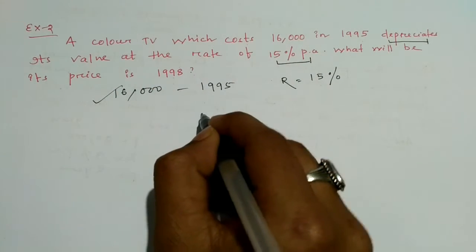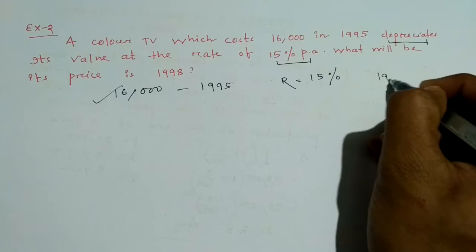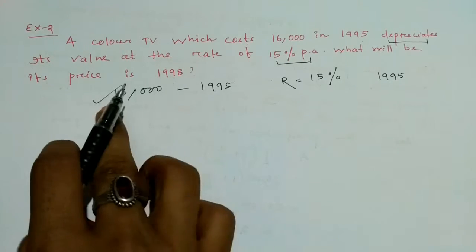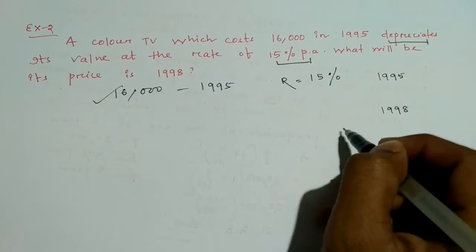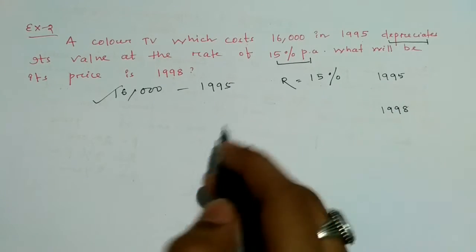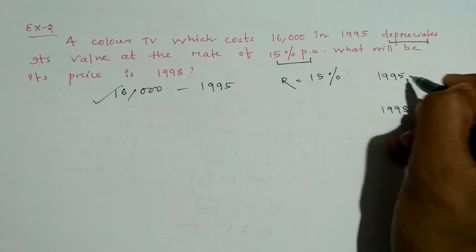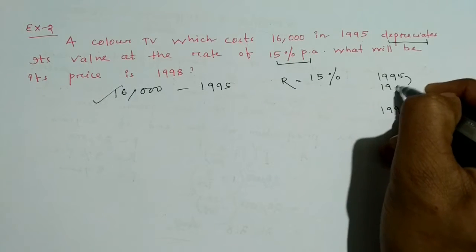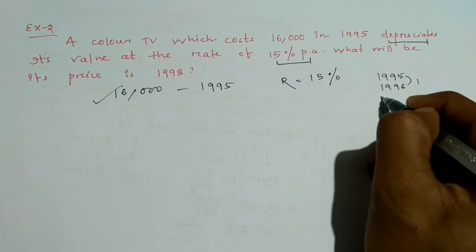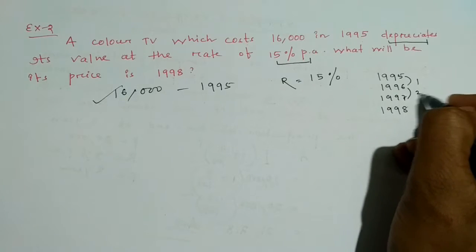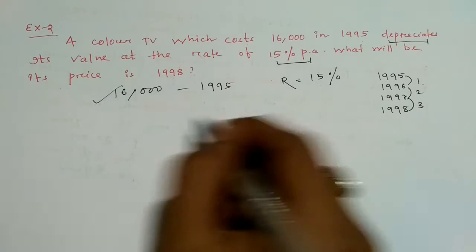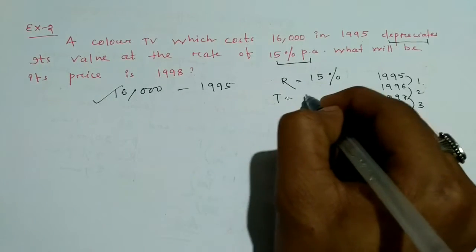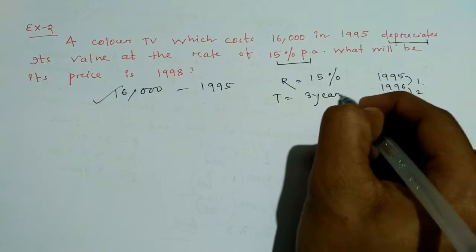In 1995 the price was 16,000. In 1998 what will be the price? So what will be T? From 1995 to 1996 is 1 year, 1996 to 1997 is 2 years, and 1997 to 1998, that is a total of 3 years. So T will be 3 years.